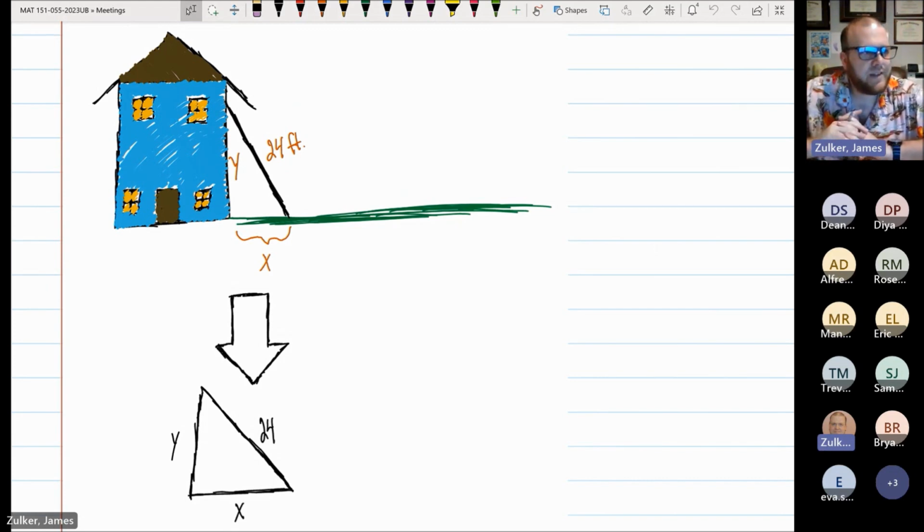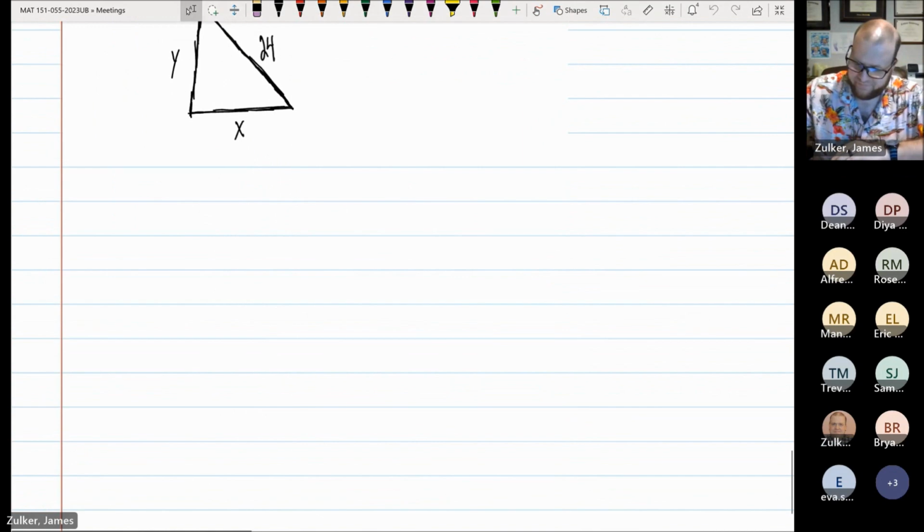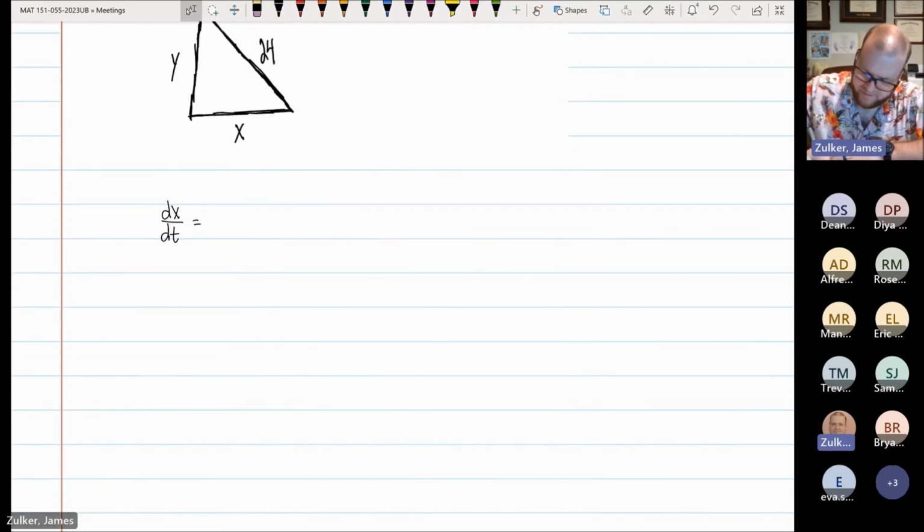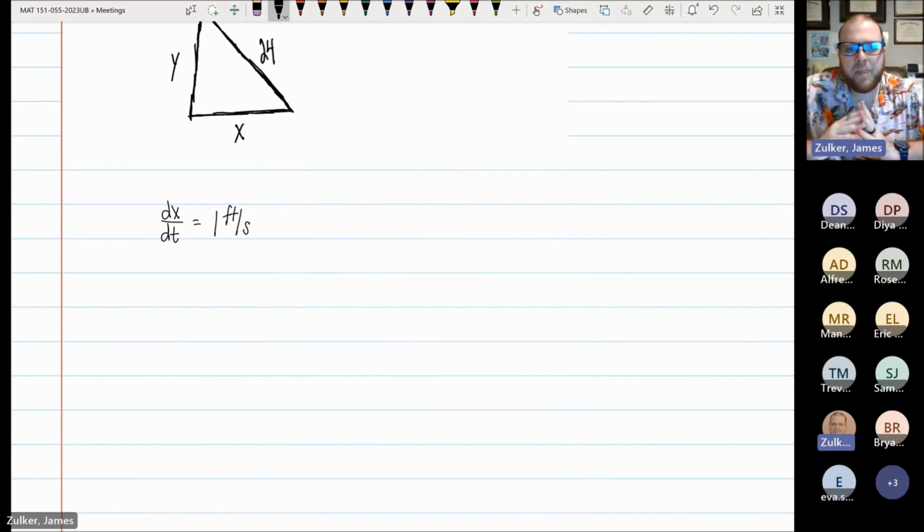All right, so we write out what we're given. The ladder's being pulled away from the base at a constant 1 foot per second.